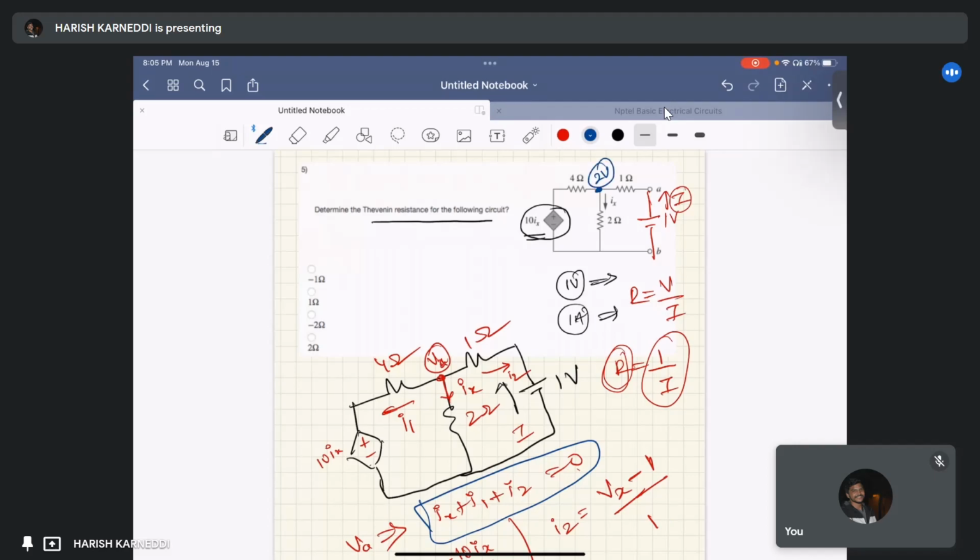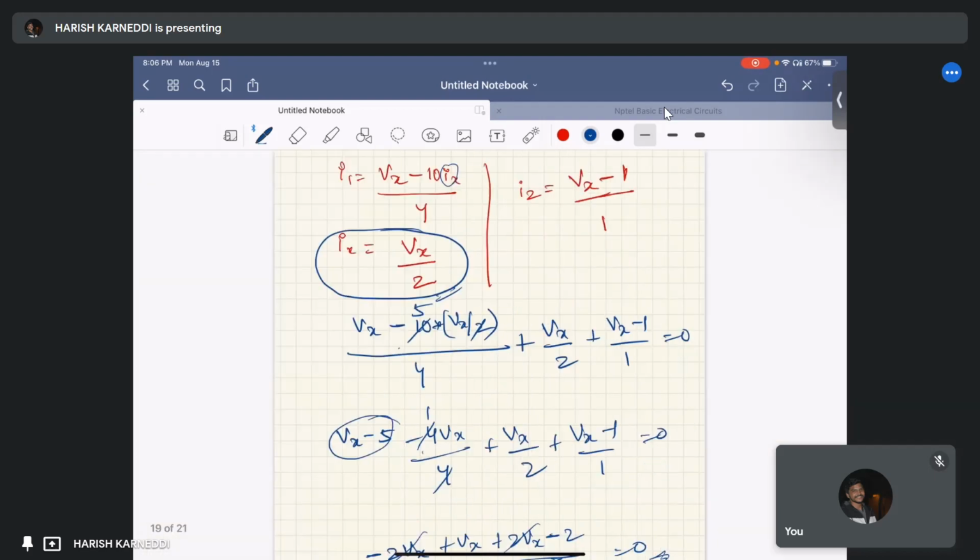What about our I? I is just opposite to this I2. I2 equal to Vx minus 1 by 1. So our I equal to minus I2, that equal to minus of Vx, that is 2 minus 1 by 1.